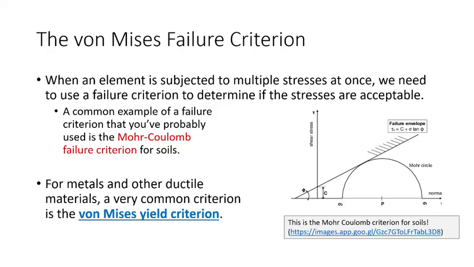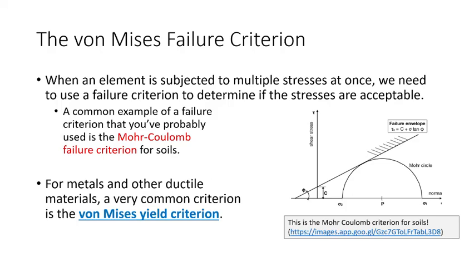We characterize a soil based on its stress state, its cohesion, and its angle of internal friction, and then determine whether that stress state satisfies the failure criterion based on where it falls upon this failure envelope. The equation of that failure envelope is tau equals c plus sigma tan phi. If you haven't heard that yet in soils, you will later.